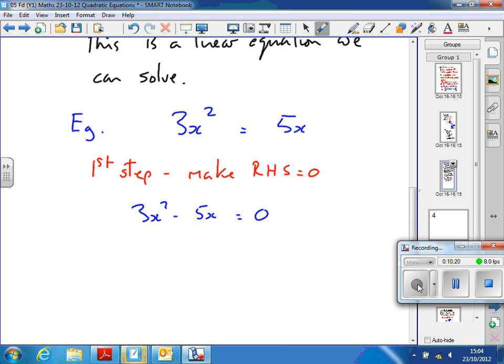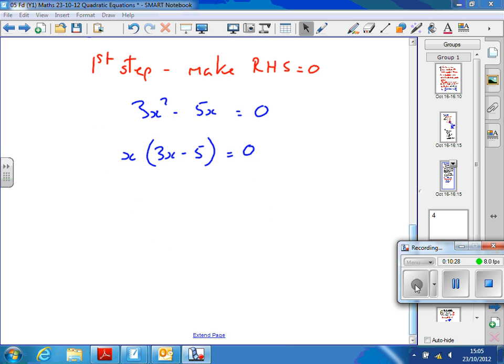So take x outside the bracket. Remember, one solution, x equals 0, or 3x minus 5 equals 0. Those are my two possibilities.